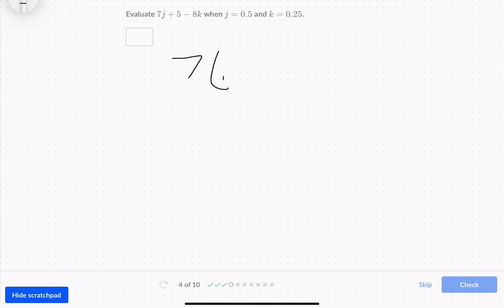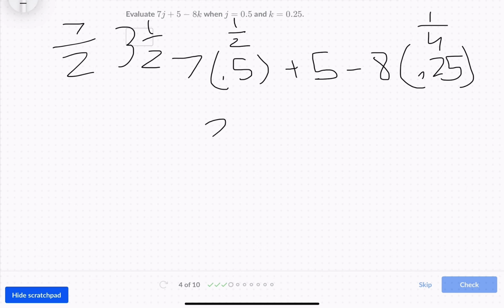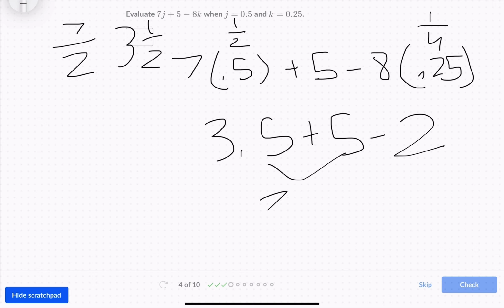So 7 times 0.5, or 1/2, plus 5 minus 8 times 0.25, or 1/4. 7 times 1/2 is 7/2, or 3.5. 3.5 plus 5 minus 8 times 1/4, which is just minus 2. So 8.5 minus 2 equals 6.5.